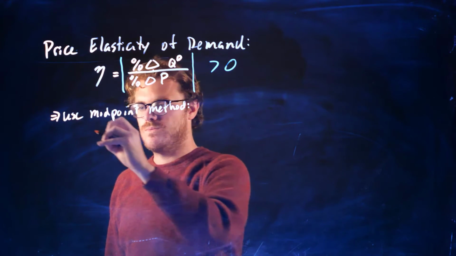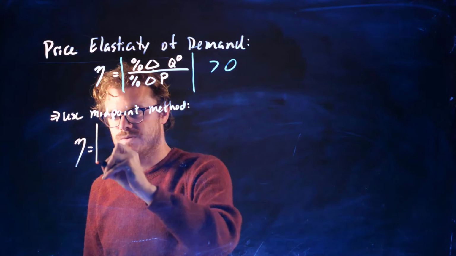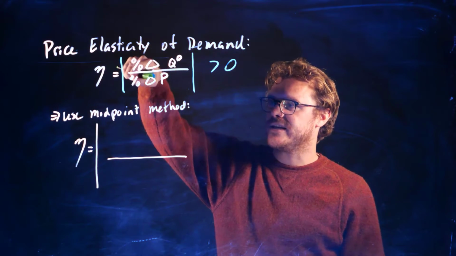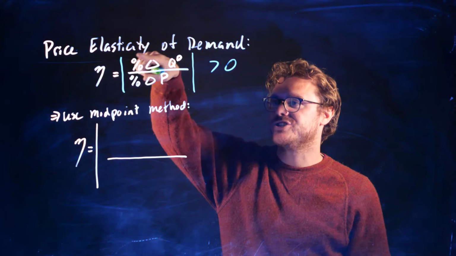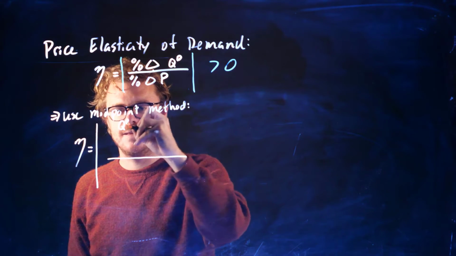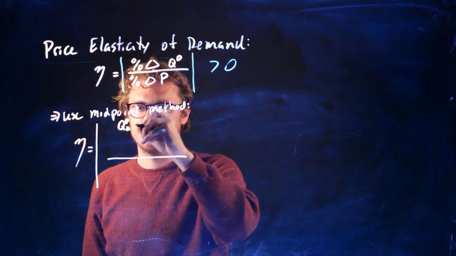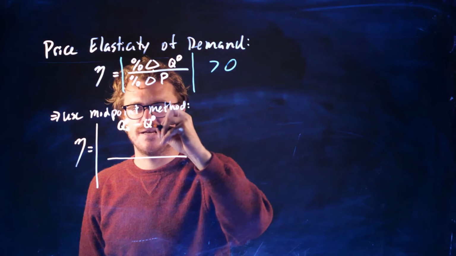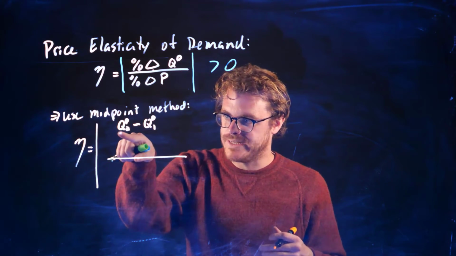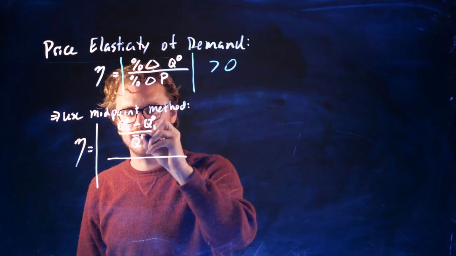All right, so let's just rewrite this fraction and talk about how we're going to calculate this percentage change in quantity demanded. We can think about the quantity demanded at, let's say, point 2 minus the quantity demanded at point 1, or 0.2 and 0.1, over the average quantity demanded.